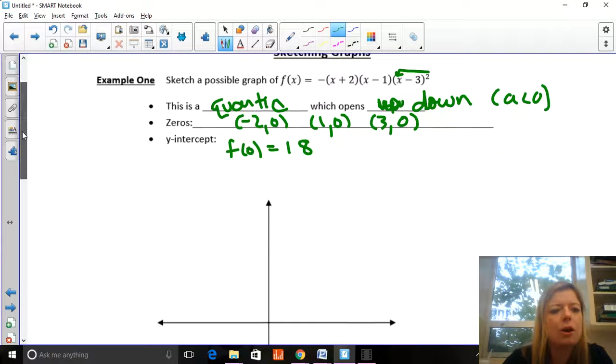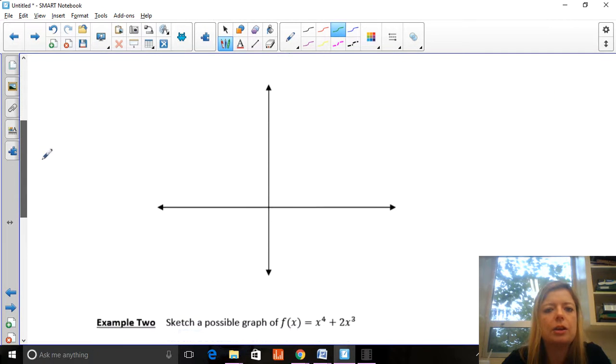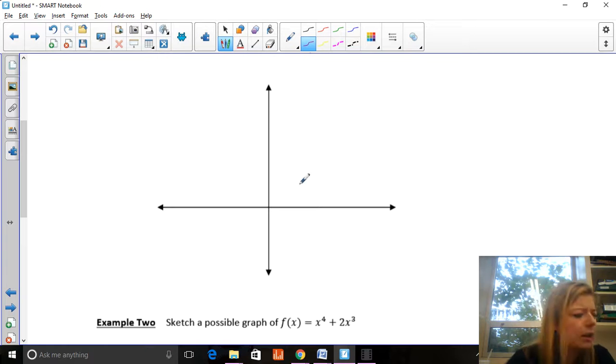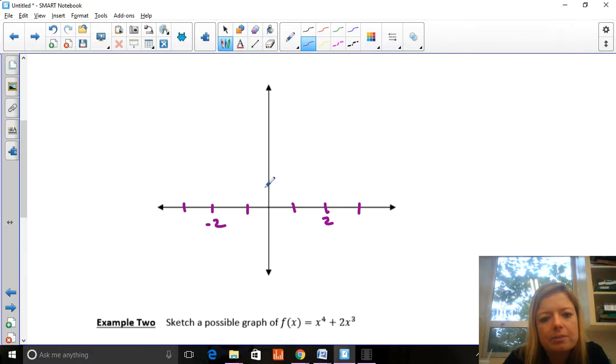So with this information, I'm going to sketch as close of a curve as I can. My x values are going to increase by 1, so I'm just going to label 2 and -2 there. But my y values are going to increase by 5s: 5, 10, 15, 20. So we'll just put a 10 and a 20.